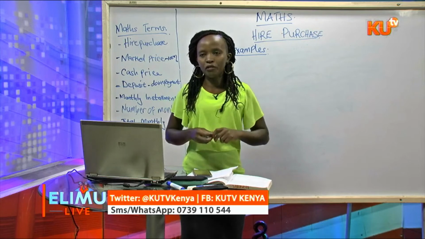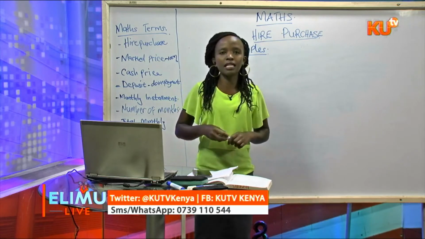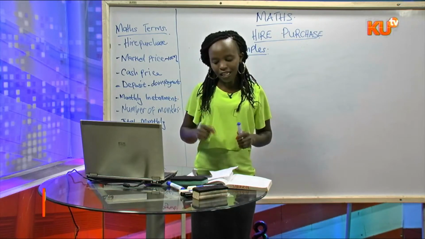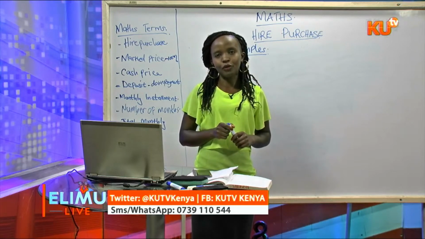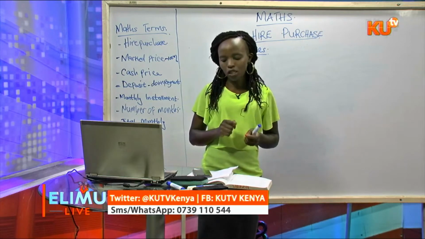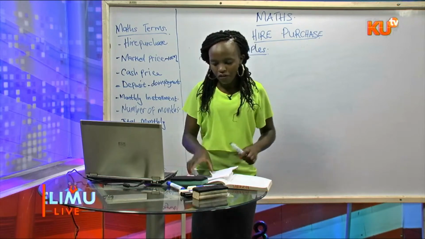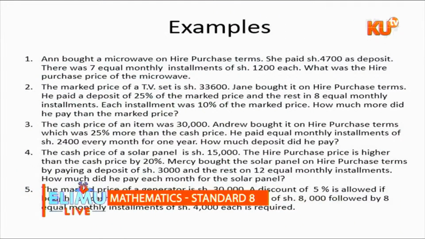So what is required of us? We read the statement first, and then after we read the statement, let us try to break down so that at least we can get to understand it before we calculate. So our first example, example number one.